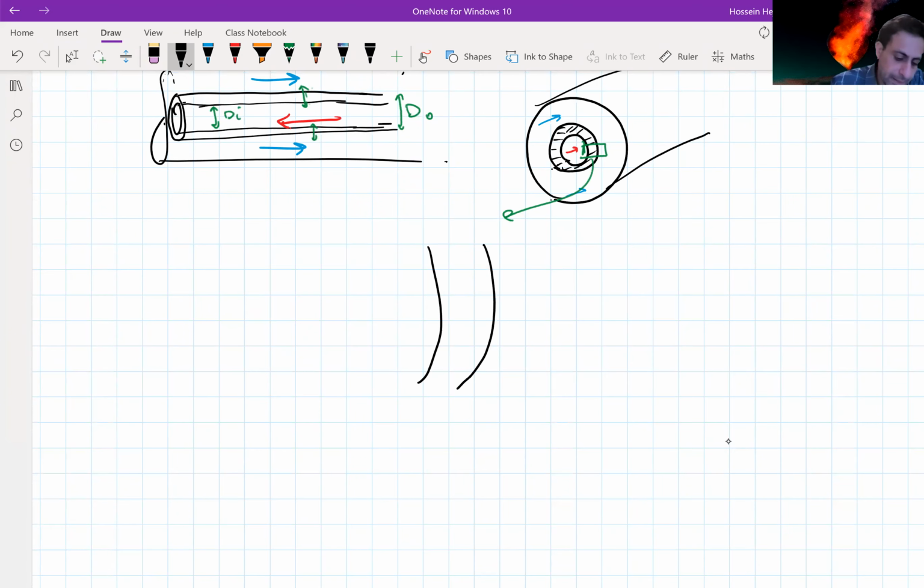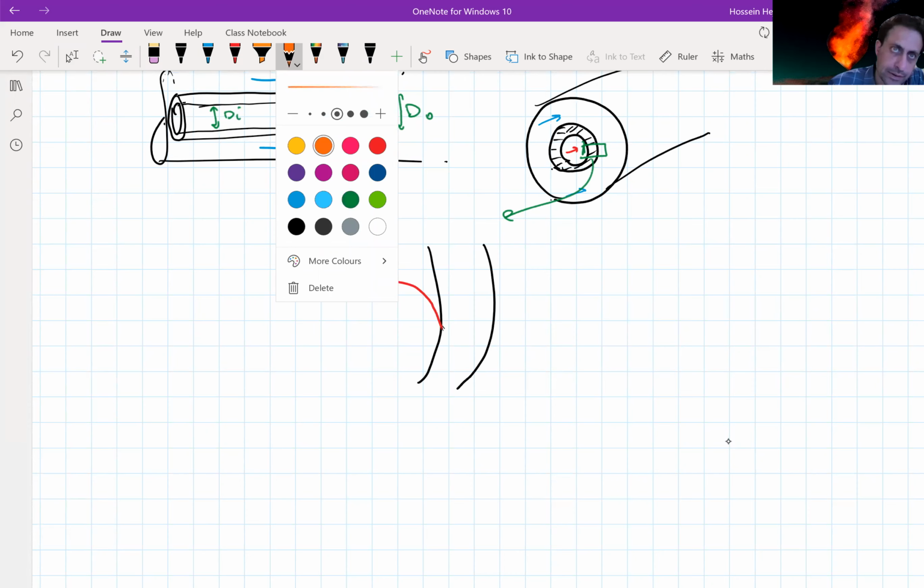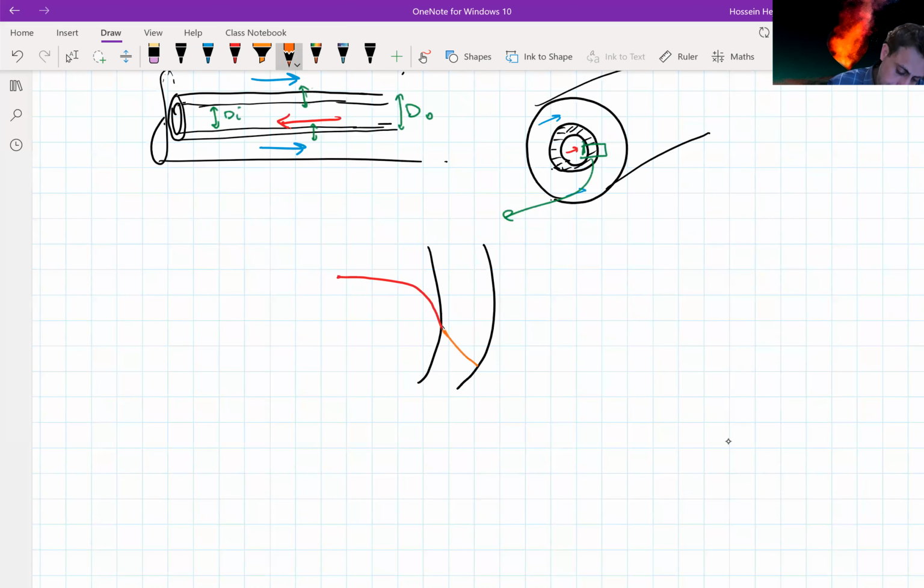So this is the wall, and at the hot stream, let's say we have a temperature of TH, and heat is getting transferred by convection, and then we have conduction happening inside the wall, and then we have the other stream at T cold.